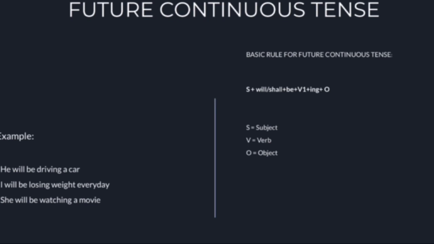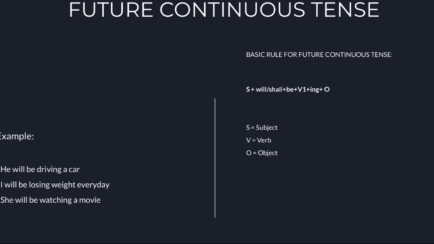And what is the exact use of future continuous tense? When an action will take a little bit of duration, like 1 hour, 2 hours, 3 hours, right? When we say, "I'll be watching," or "he will be driving a car," maybe we will be traveling from somewhere to somewhere, and it will take time to reach that destination.